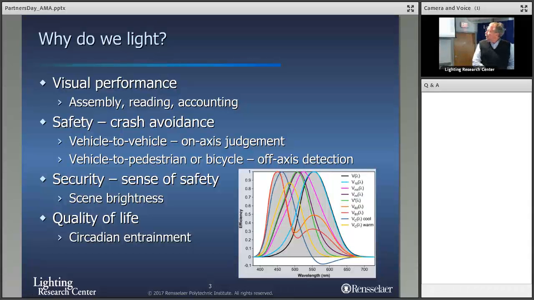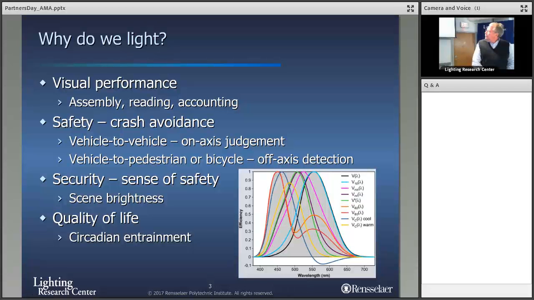In the lower right corner, what you see is a complex set of functions that represent different ways that the visual system processes optical radiation on the retina. So for example, V lambda is the curve that represents how well we see or we can thread a needle, all the way to issues of the non-visual effects with the circadian.